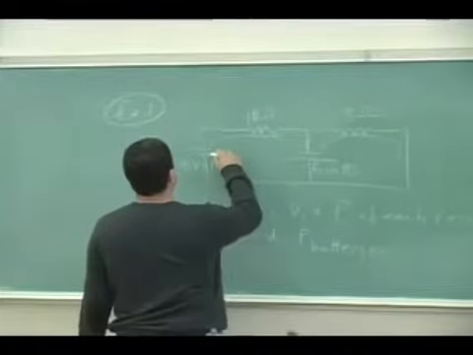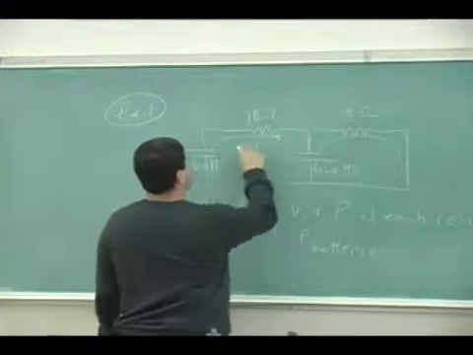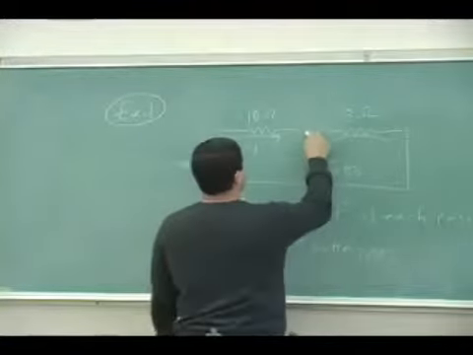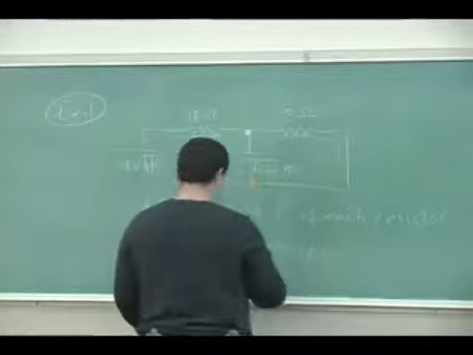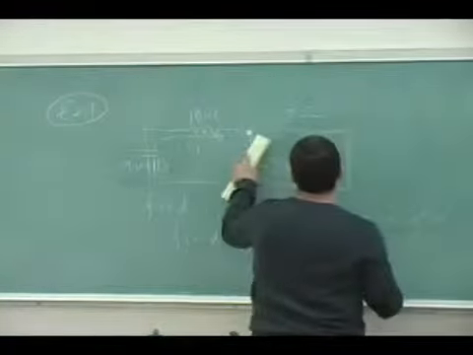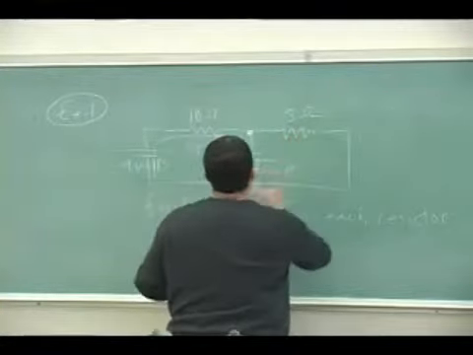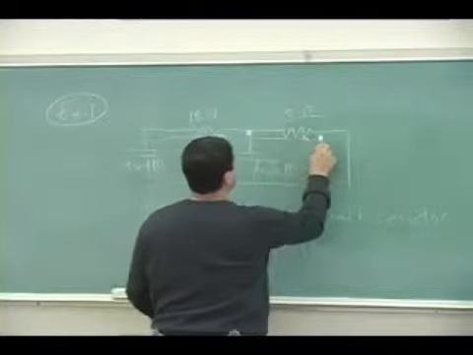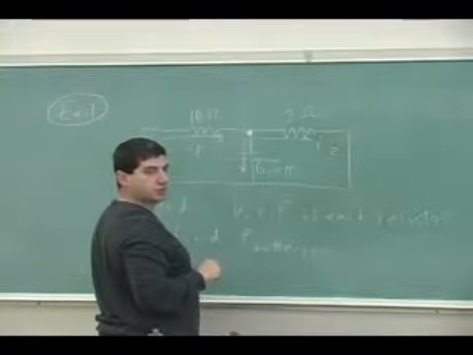We say, let's say this is the current I1, right? It comes into this junction and splits into I2, and then what's left is I1 minus I2, this here.